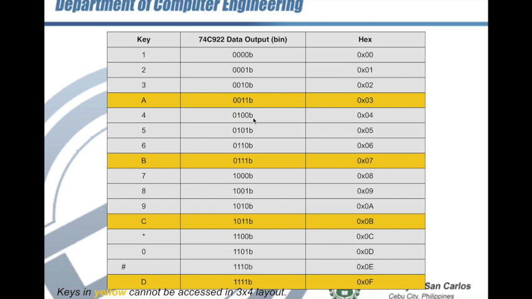That's because in a 3x4 keypad you don't have the 4th column, so the addresses of the keys in the 4th column cannot be generated. The 74C922 could not generate that address if the 4th column is not present. You just have to analyze the data output. It's basically sequential from 0 to 1111, or from 0 to F.